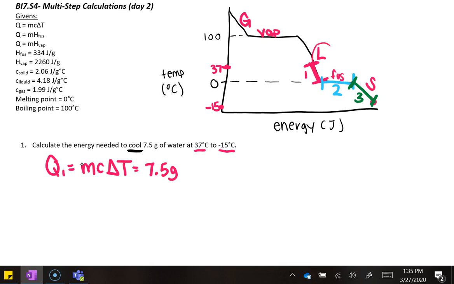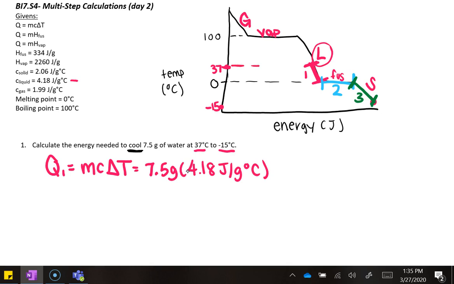We already said that segment 1 is a liquid, so I'm going to use the specific heat of water as a liquid, which is 4.18 joules per gram degree Celsius.